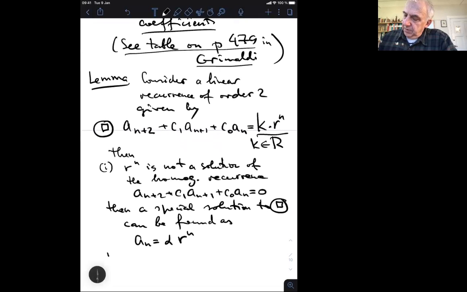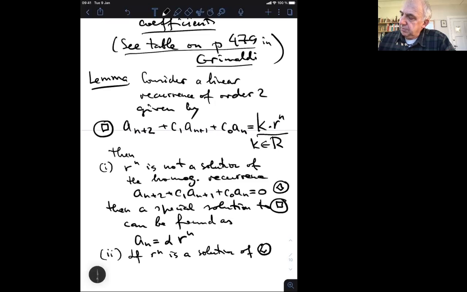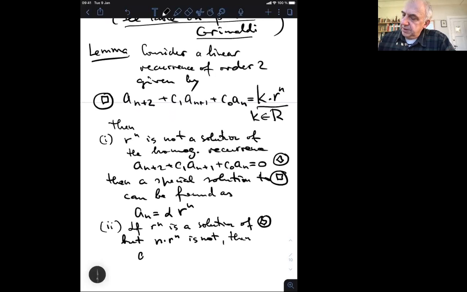Okay, now in the second case, if r power n is a solution of the homogeneous equation, but n times r power n is not, then we can find a special solution in the form alpha times n times r power n.